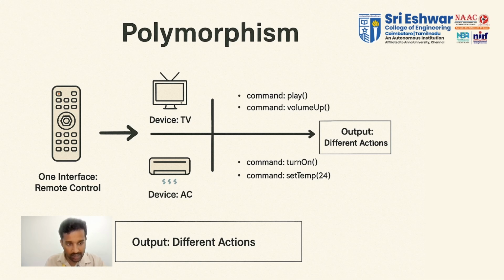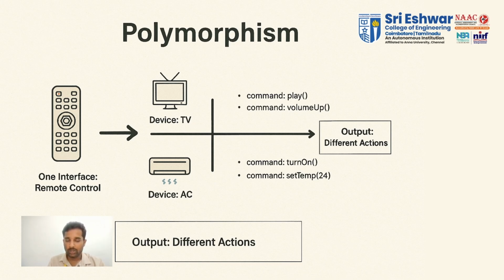For better understanding, we can take this example: a remote. Remote is an interface to control the devices, right? For TV, there is a remote. For AC, a remote. Nowadays, fans also have remotes. So what is the function of a remote? To take control of the devices associated with the remote, right?